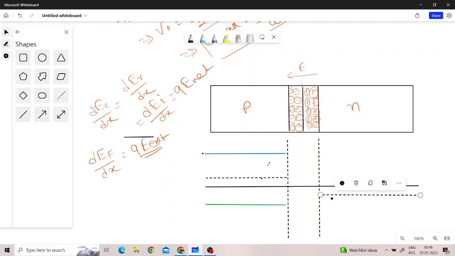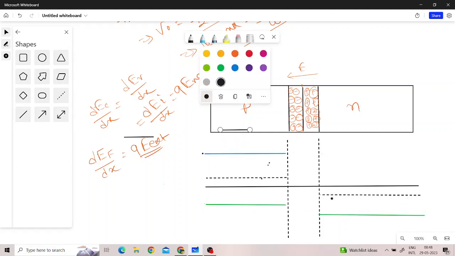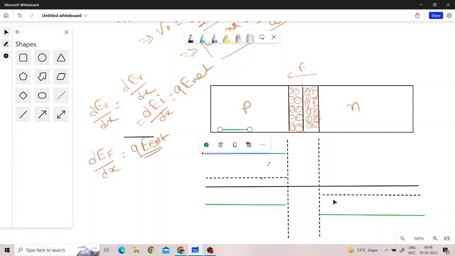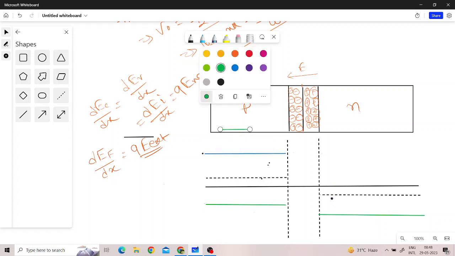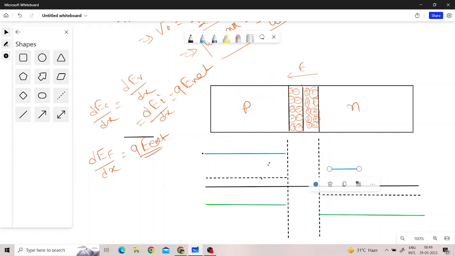And then plot the valence band somewhere around here. And my conduction band is here.